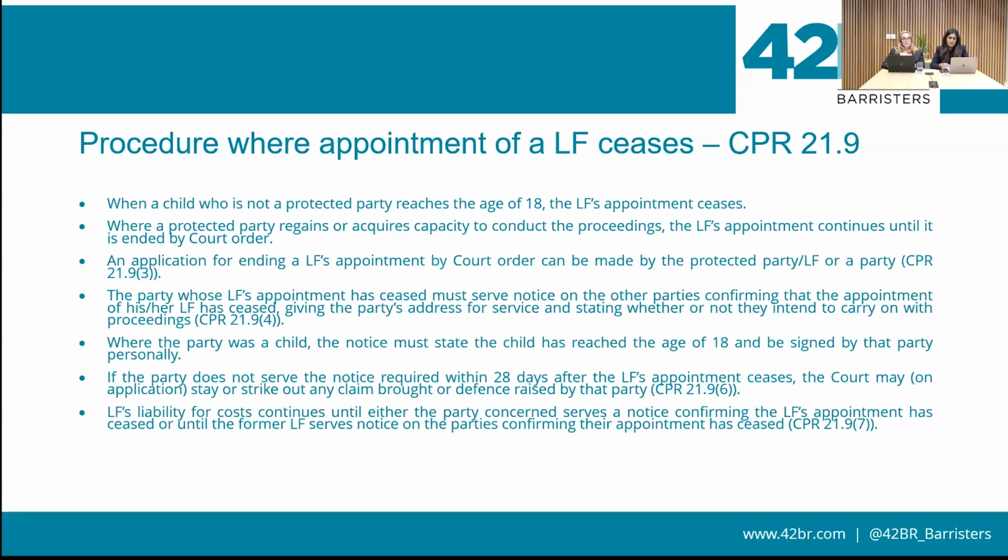In practice, to do this, you make a Part 23 application. It's got to be supported by evidence. That's likely to be a medical report or an expert's report indicating that the person has regained capacity, plus a copy of any Court of Protection documentation like the order or declaration stating that they're permitted to act.